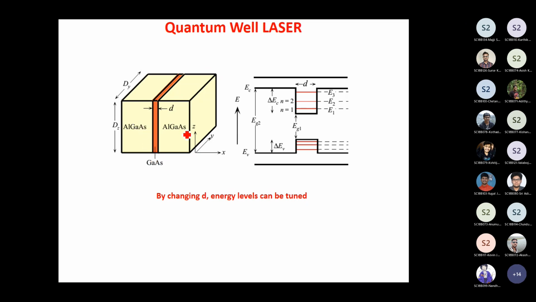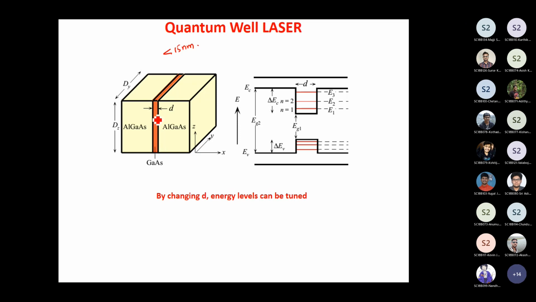Aluminum gallium arsenide has a wider band gap, and gallium arsenide has a narrow band gap. The width of the gallium arsenide layer is typically of the order of the de Broglie wavelength, so something like less than 15 nanometer. That's the width of this gallium arsenide layer, and this is the active layer.